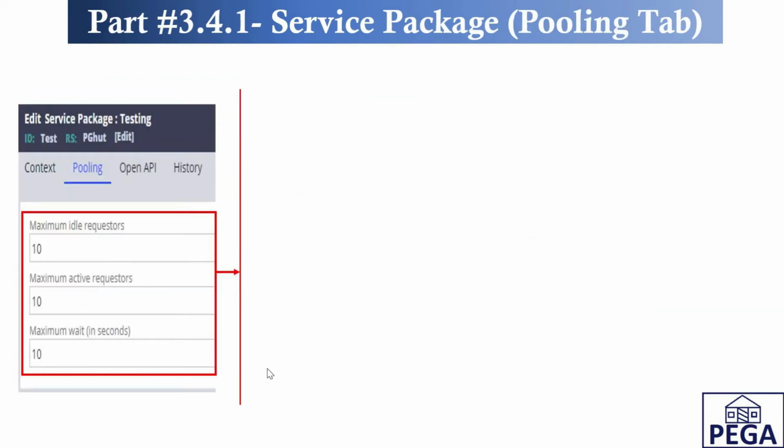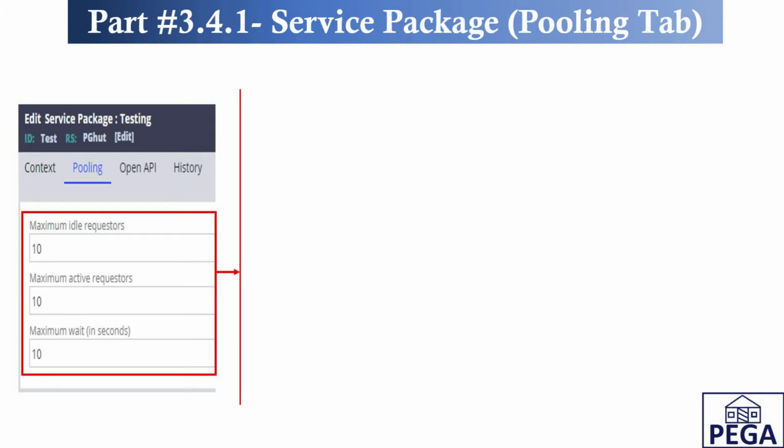Let's try to understand the next tab called the pooling tab. Before understanding the pooling tab, I'll give you more insight about how the service execution works. Let's say you created a REST service and you expose it to an external party.